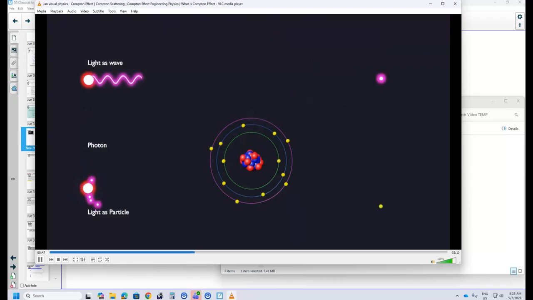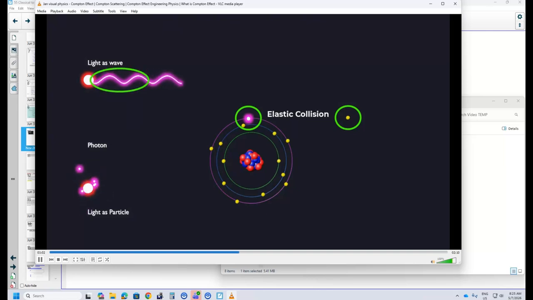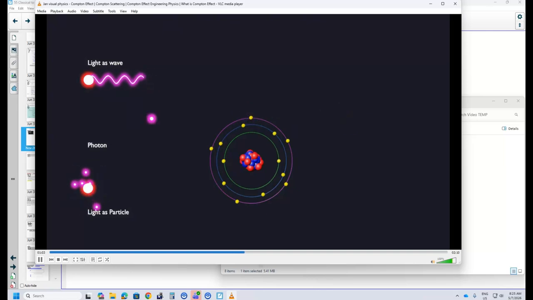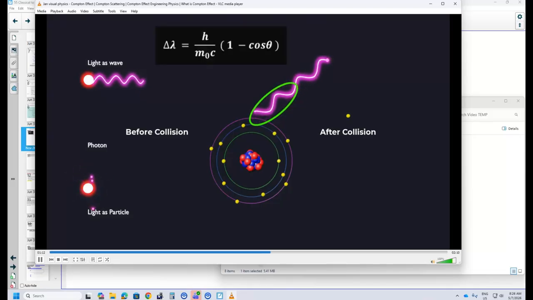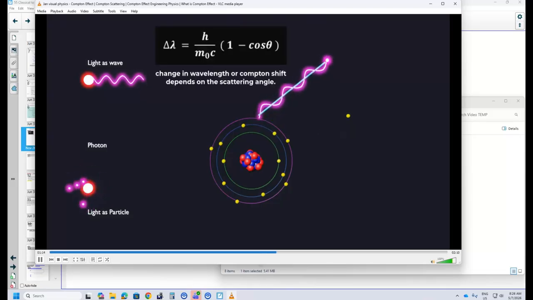To understand the Compton effect, we need to consider light as particles known as photons. By analyzing the collision between the electron and the photon as an elastic collision, we can calculate the observed change in the photon's wavelength. The conservation of energy and momentum before and after the collision allows us to establish a relationship for the change in the scattered photon's wavelength.